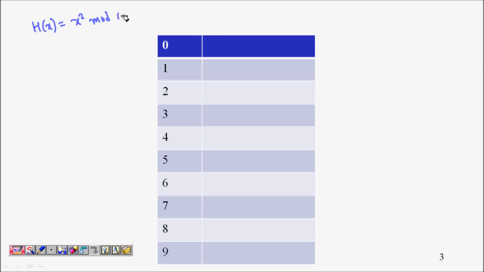Let's take this example, where our inputs are x from the set 1, 2, 3, 4 till 9.